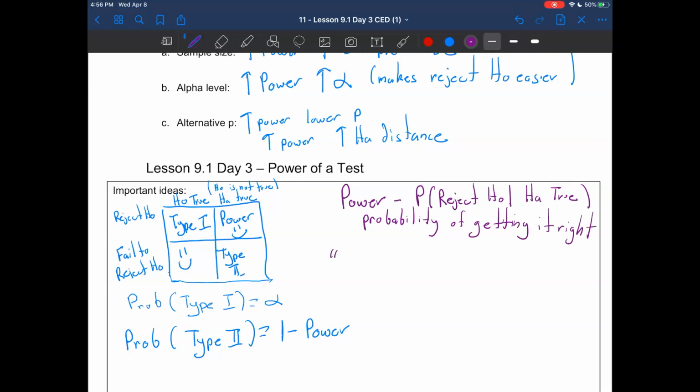So if you have a question like this on the AP test, you'll have to interpret power in context.